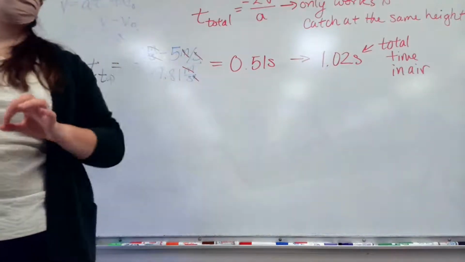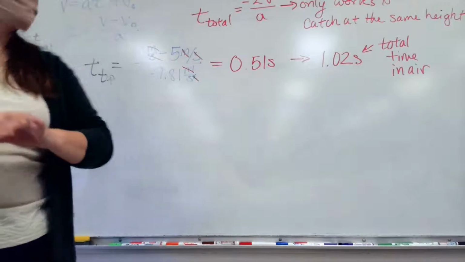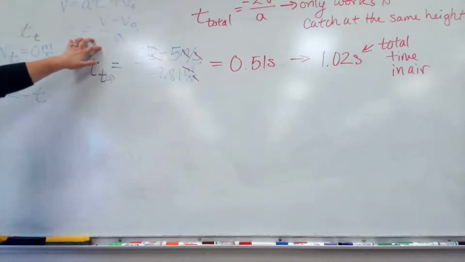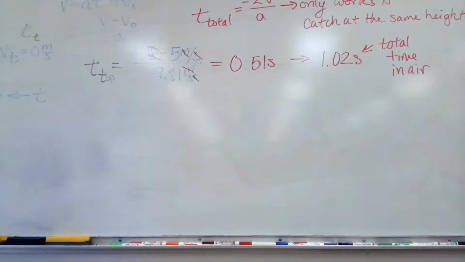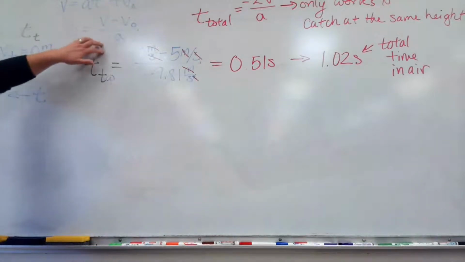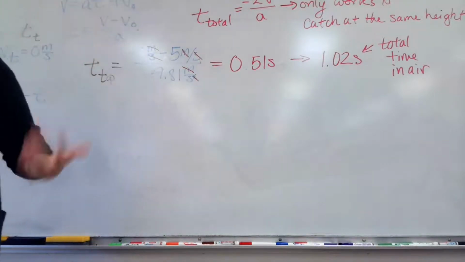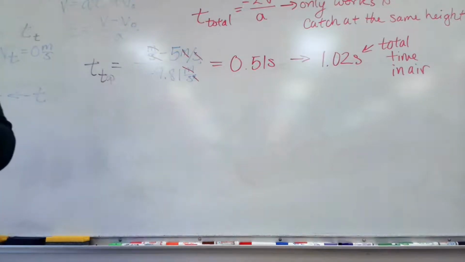It only works in this case. This equation works all the time. As long as you have that initial and final velocity and you have some sort of acceleration, it works every time. Good? This one and this one work all the time. There is no situation where they don't work.